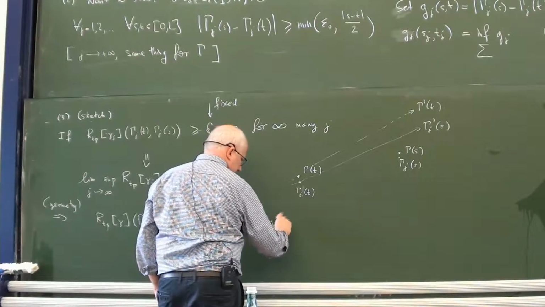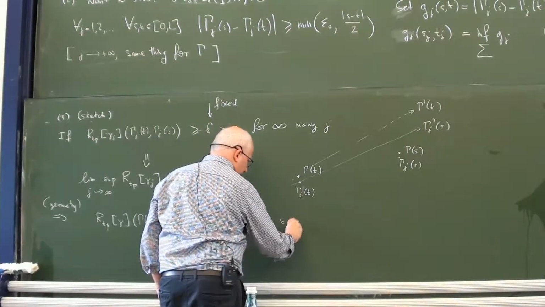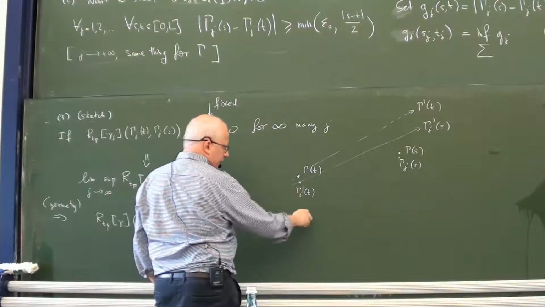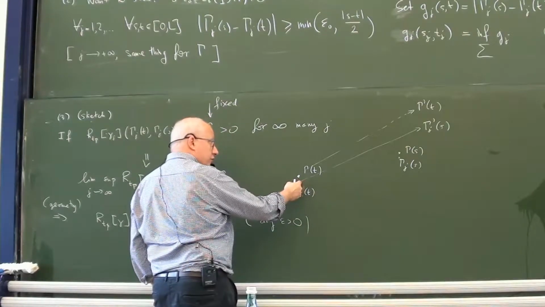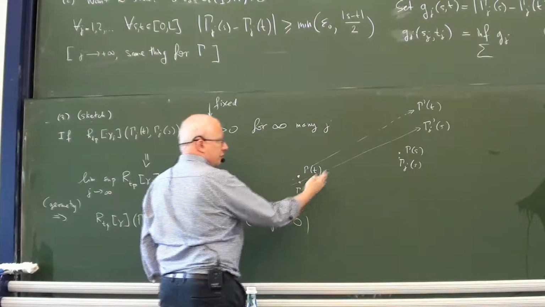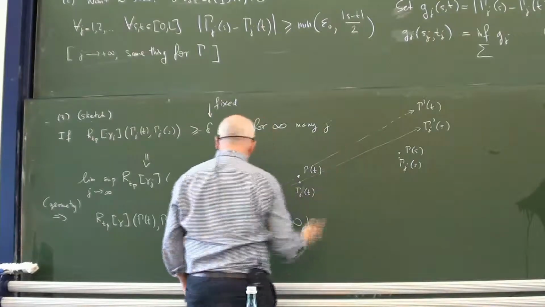And you can obtain this for any positive epsilon that you wish, because if you take a smaller epsilon, then maybe you just need to take this point closer here and this direction closer to that direction.